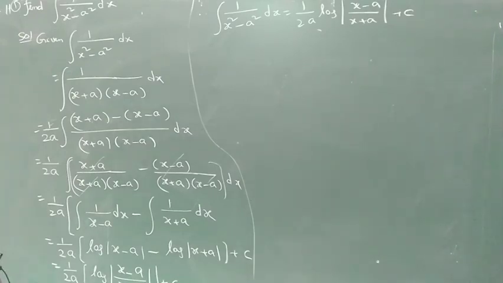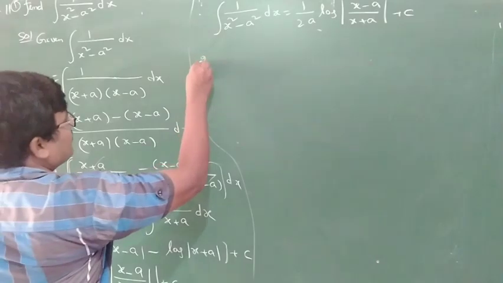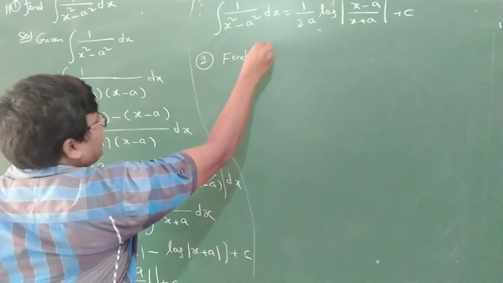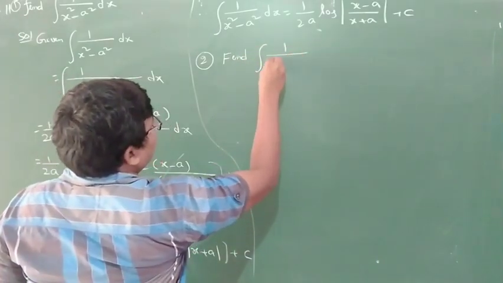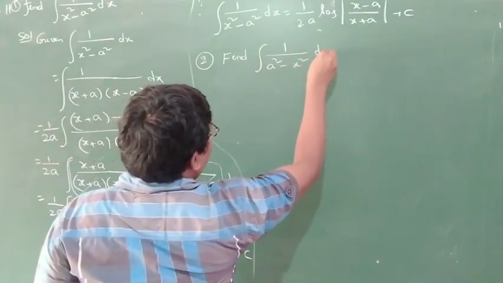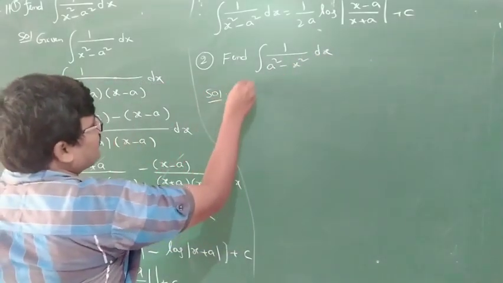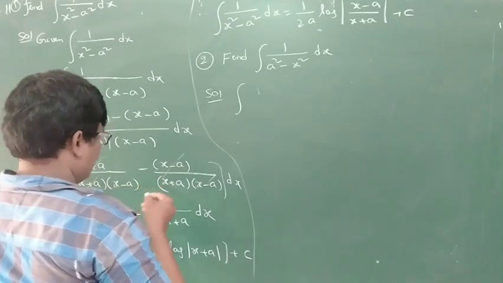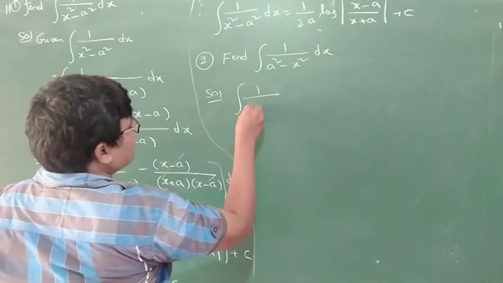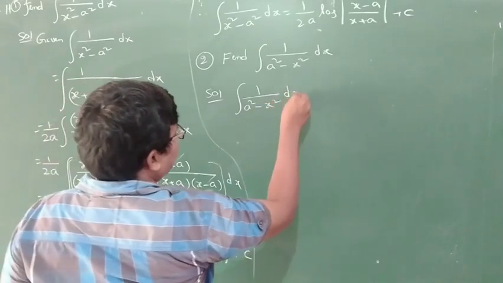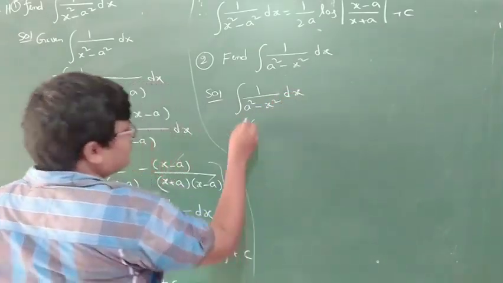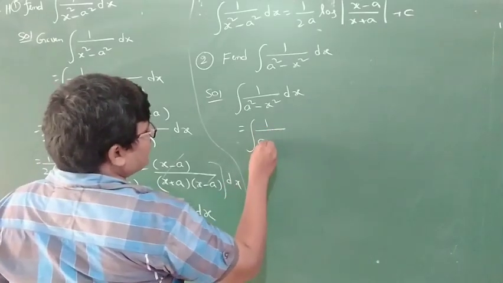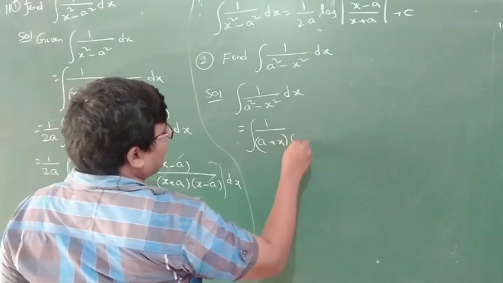Okay, the first one. Second one, find integral 1 by a square minus x square dx. Solution: integral 1 by a square minus x square dx is equal to, same as it is, a square minus b square, a plus b into a minus b.